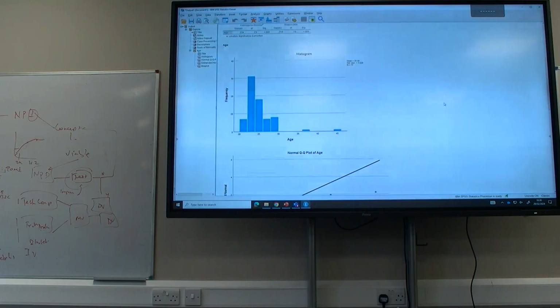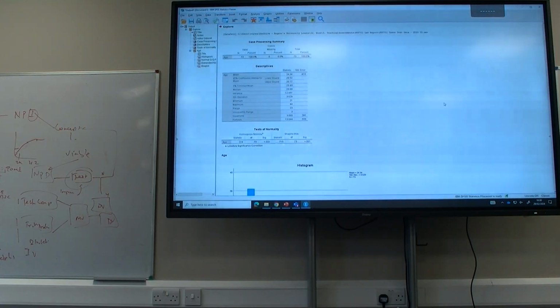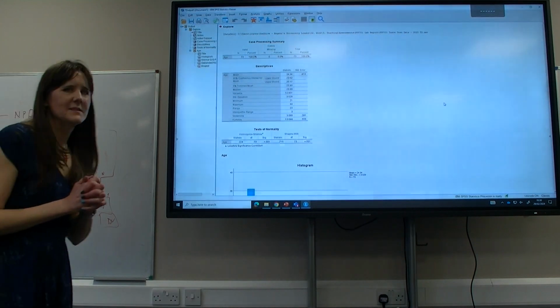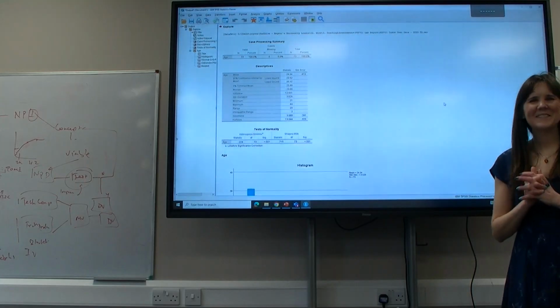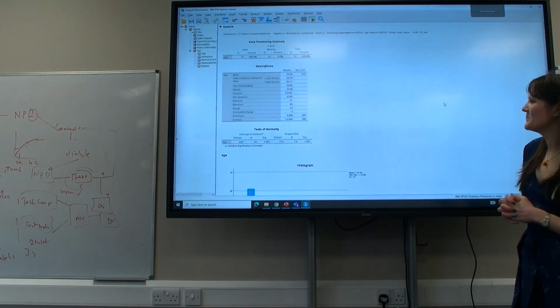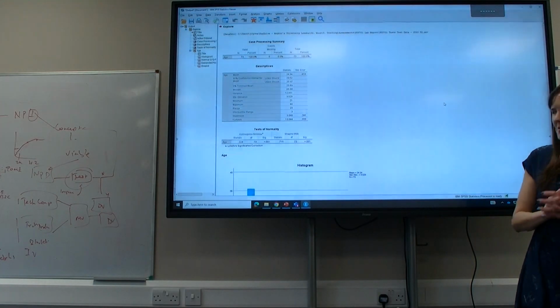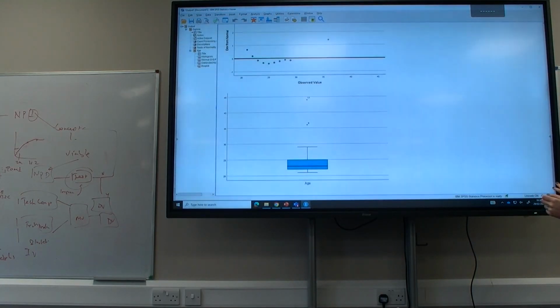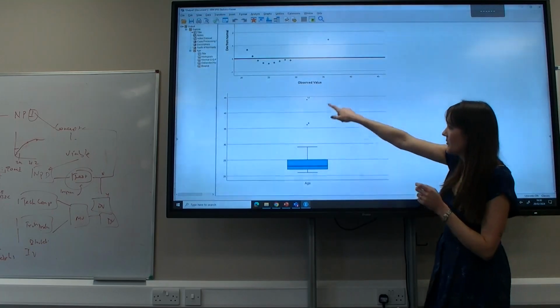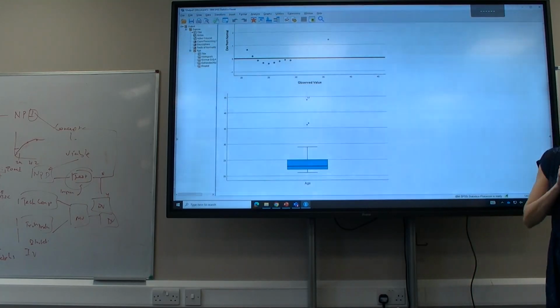All right, so what's going on with age? We have two outliers. If we scroll down to the histogram, we can see on the histogram we've got two outliers with age.